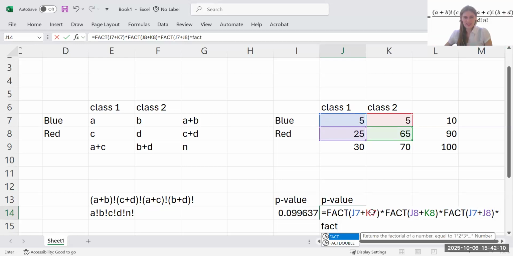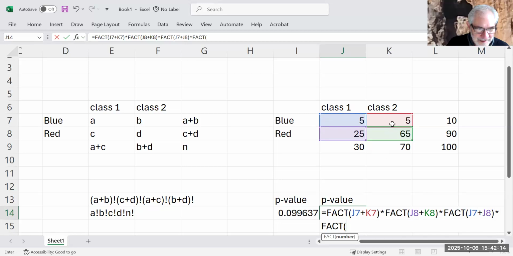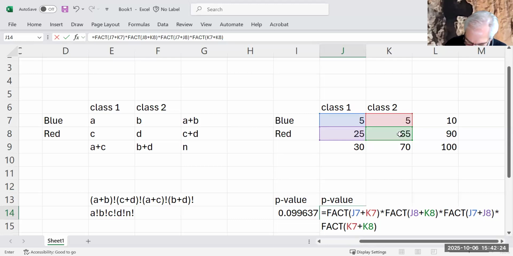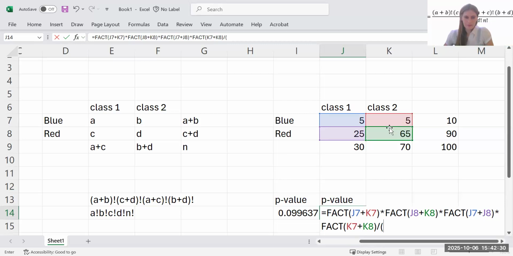This is exhausting. Close that. Now divided by, and I'm going to open a parenthesis for the whole denominator. So now we need fact.